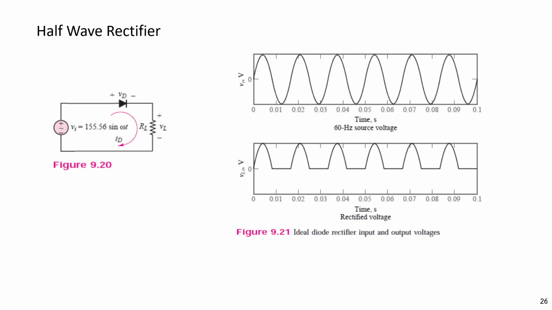So, if we apply an AC signal to the diode, what happens? The AC signal is in sinusoidal form. This is the curve of the sinusoidal form across the diode and load circuit.